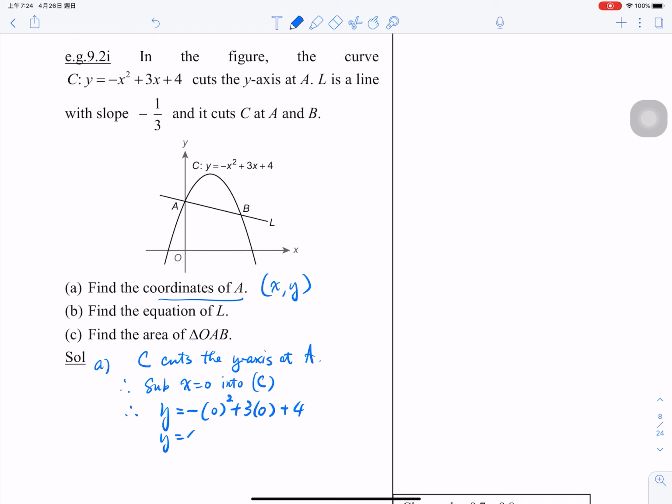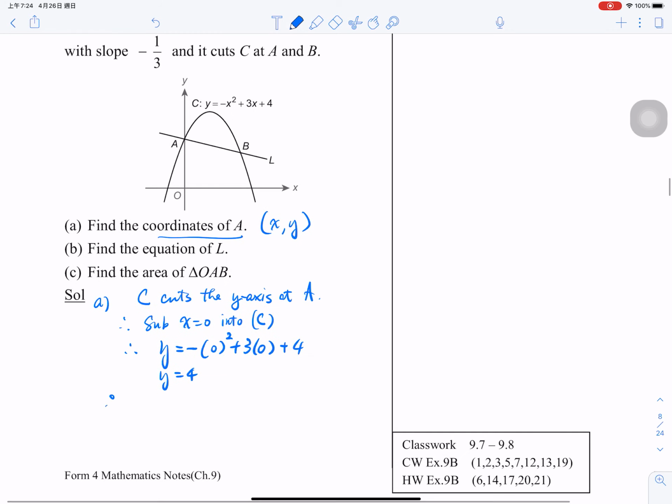You see that y equals to 4. So very easy. The coordinates of A are (0, 4), right?